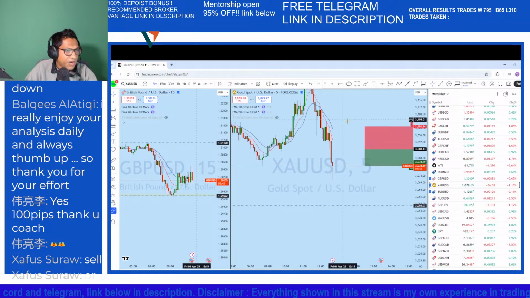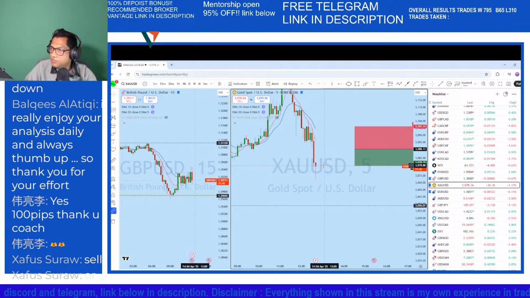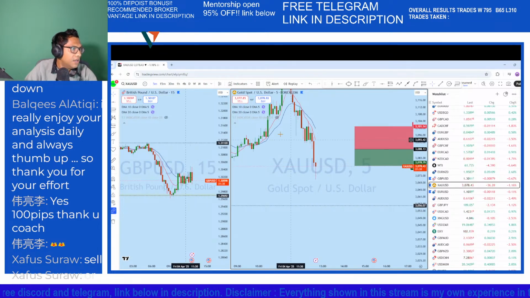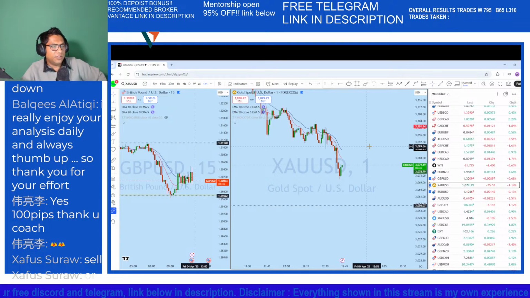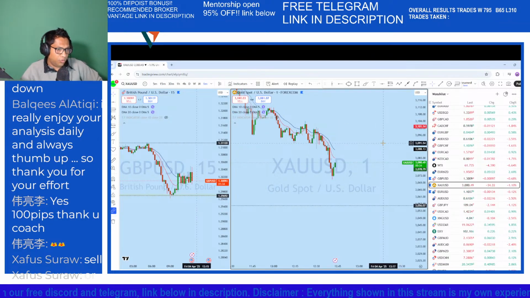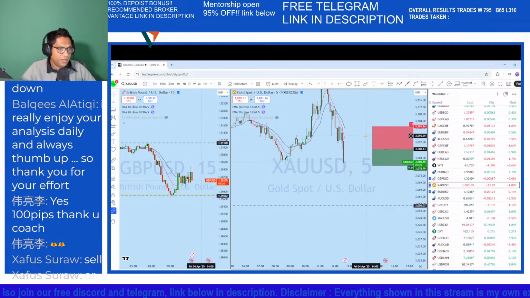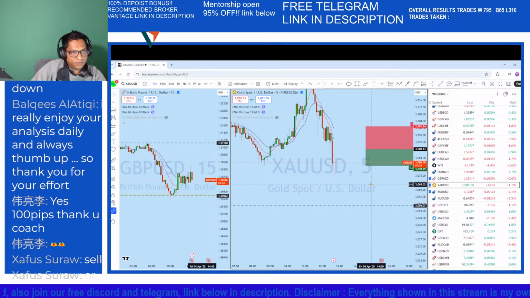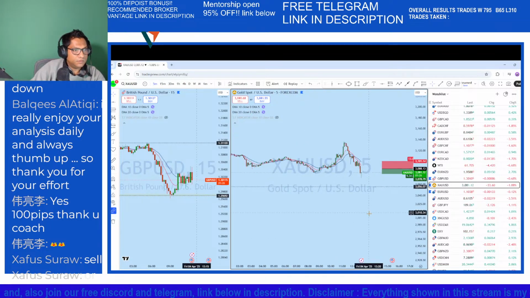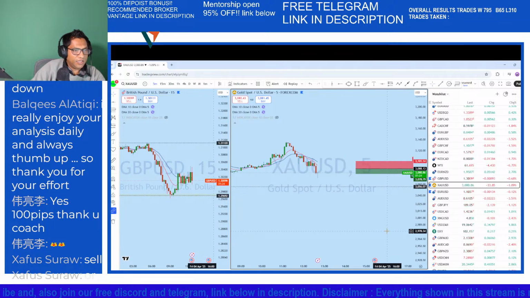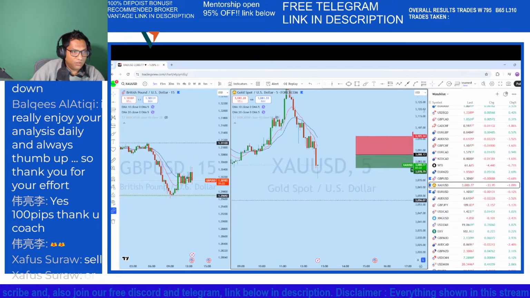Very interesting price action, and you can see the price has reached that 5 minutes resistance line here as well. So we can see the market in this lower time frame. The way price is heading is also bearish.